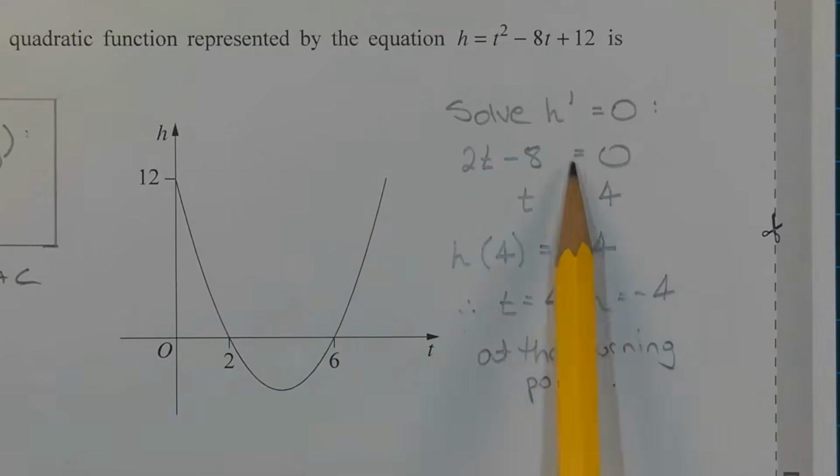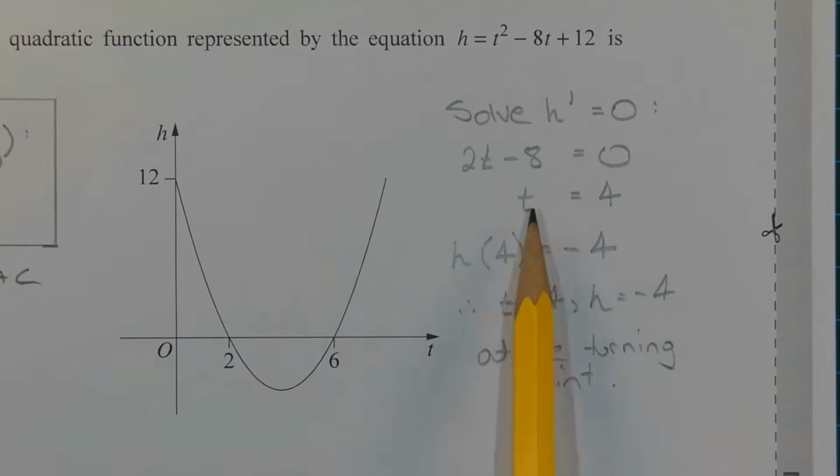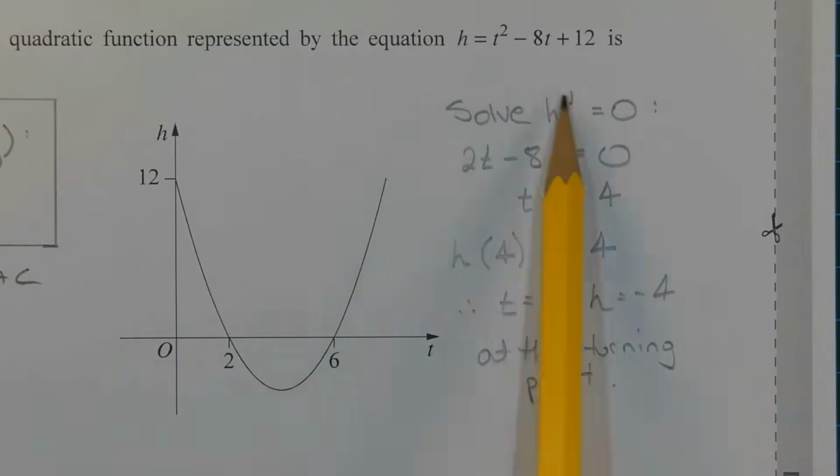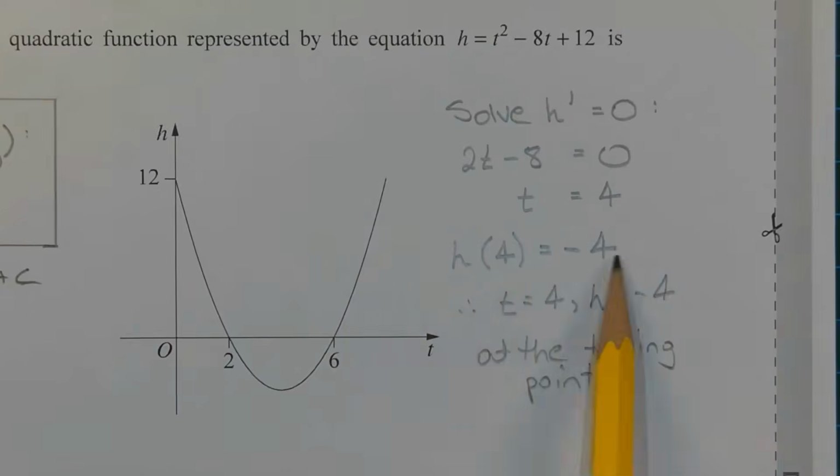And then we make that equal to 0. Solving this equation for t, we get t equals 4. Then substituting t equals 4 into the equation to find the value of h, we get h of 4 is equal to negative 4. Therefore, t equals 4 and h equals negative 4 at the turning point.